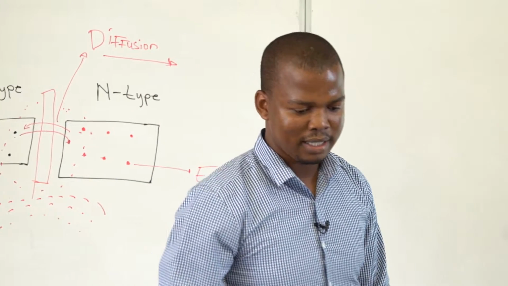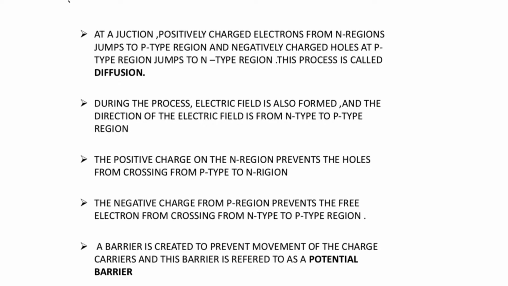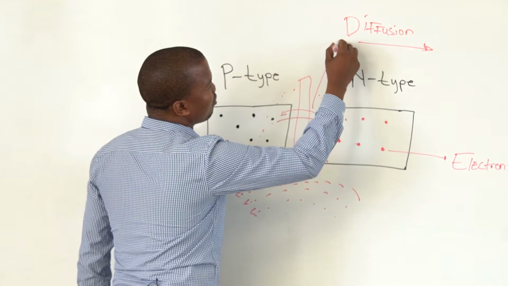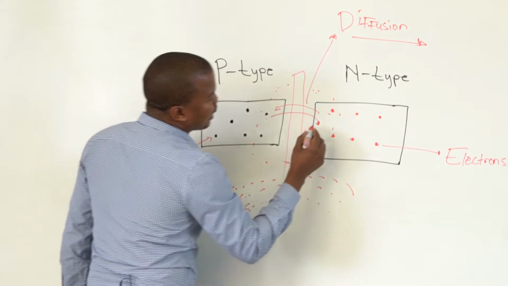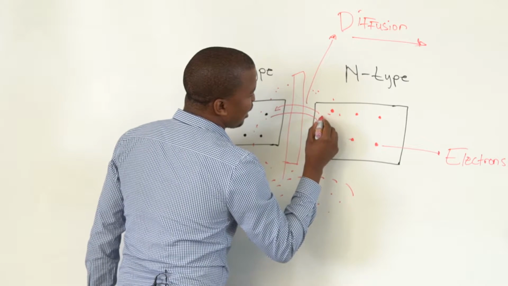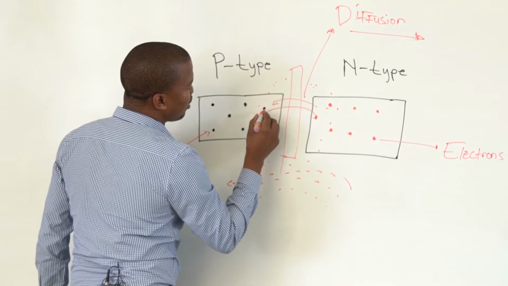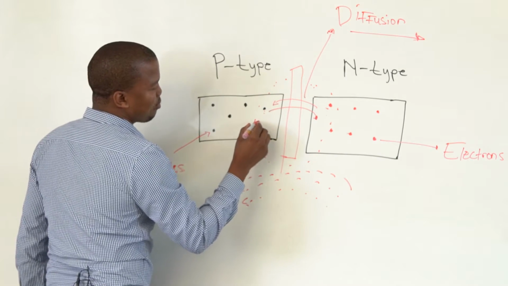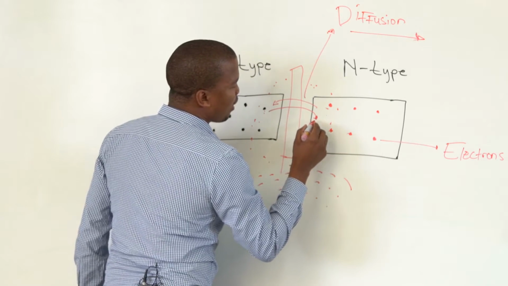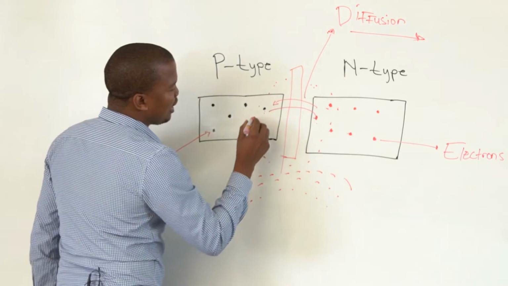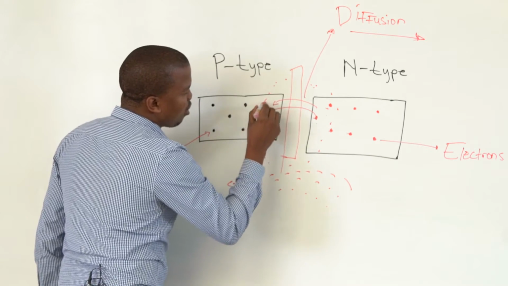Going forward with our lesson, the positive charge on the N region prevents the hole from crossing from P-type to N-type. After the process of diffusion, the charge from the N-type, after it has crossed to the P-type, and the charge from P-type after crossing to the N-type, only the ones near the junction will cross.